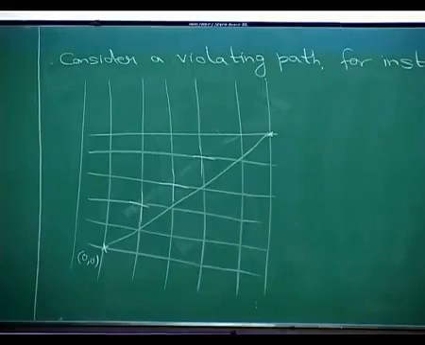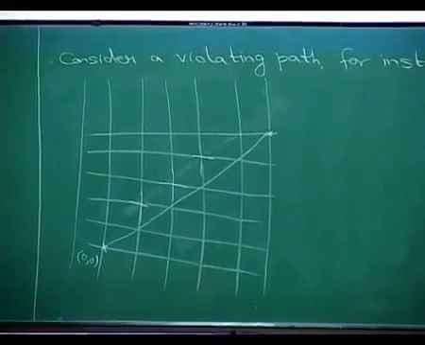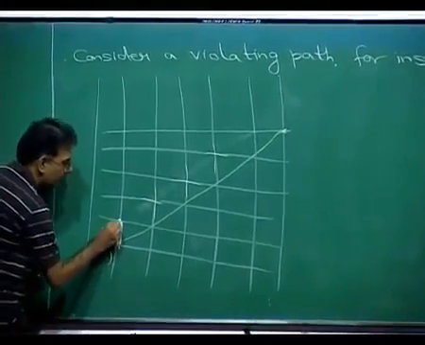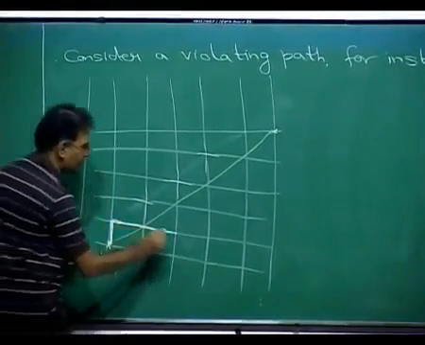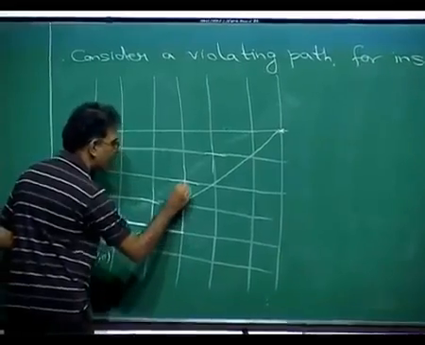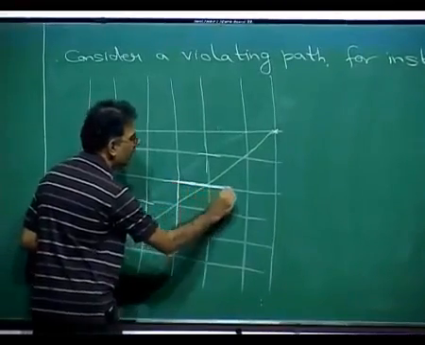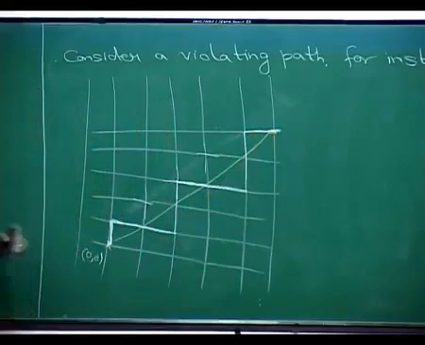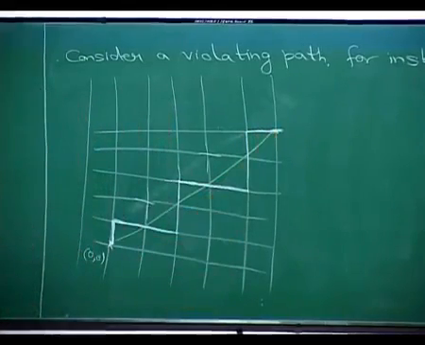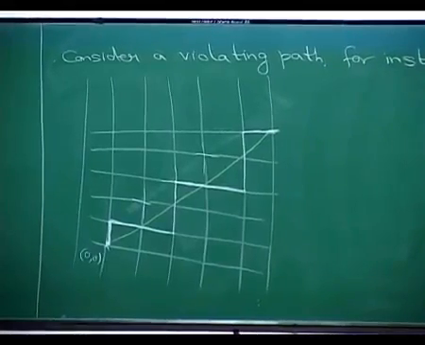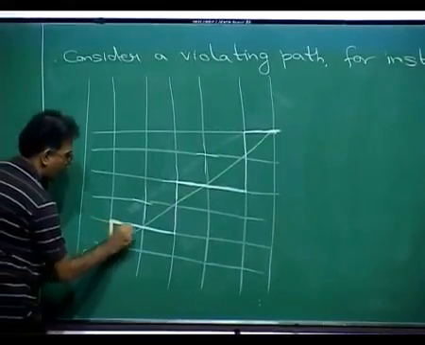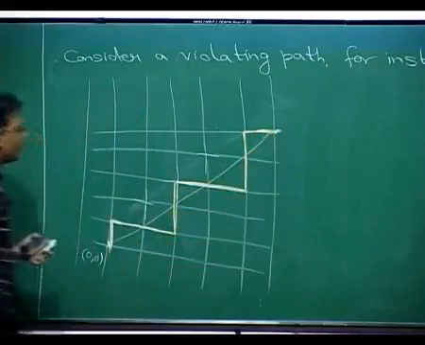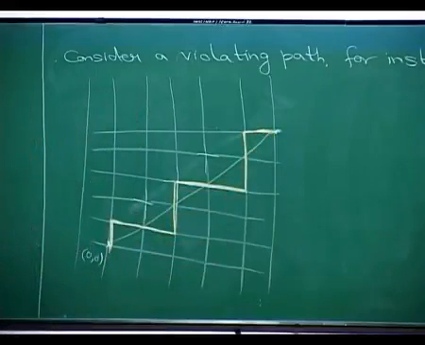A path from 0, 0 to 5, 5, which at some point goes below the diagonal. For example, maybe I go up and then go below the diagonal here and then do whatever. Maybe I go below the diagonal again. Here is my path that violates the condition.